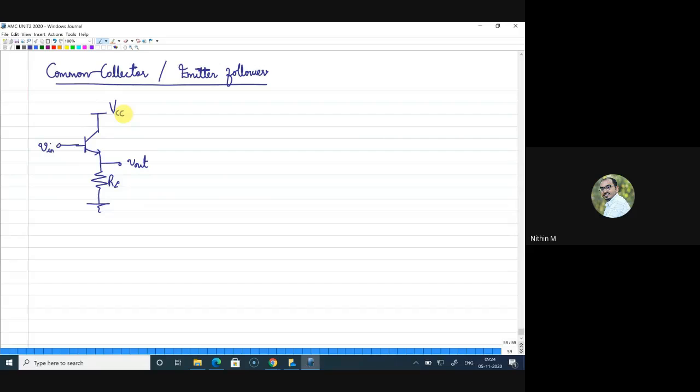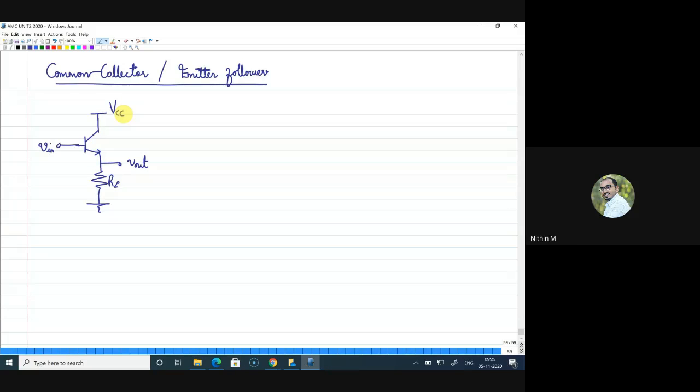We'll start with the small signal analysis itself. Can you draw the small signal model for the transistor, including this emitter resistance, and find the voltage gain of the circuit? I'll give you 1 or 2 minutes.